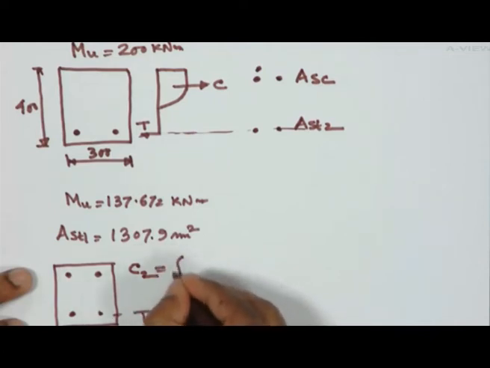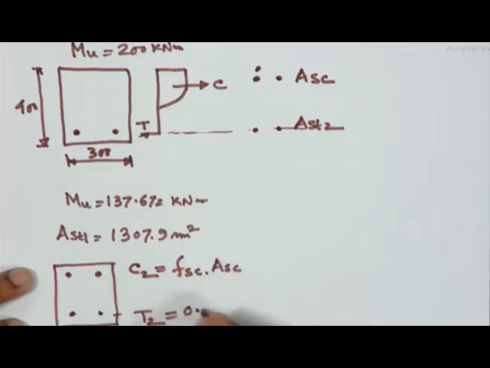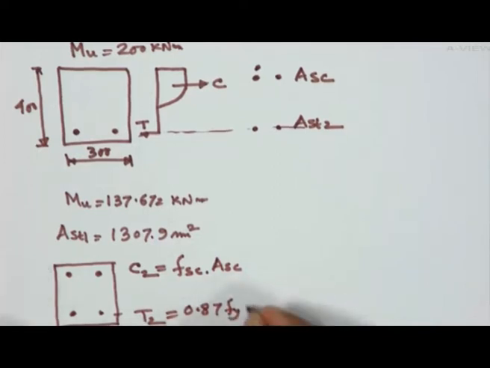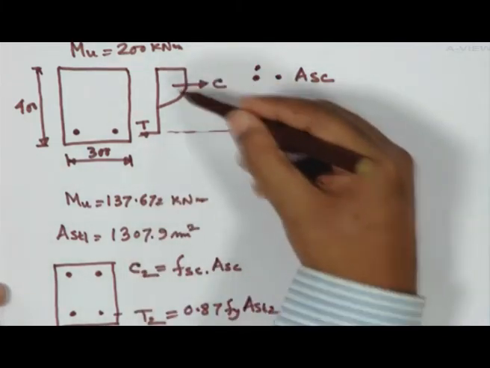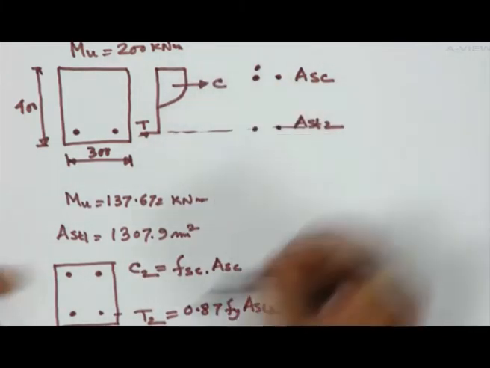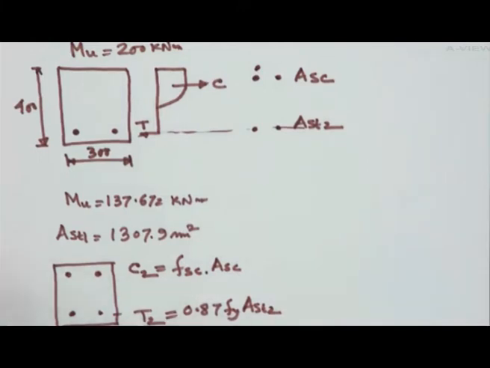C2 will be equal to FSC into ASC, but T2 will be equal to 0.87 Fy AST2. So C2 will be equal to T2, because this one is now in equilibrium position. That means here C and T are equal. Here also, just simply on one side I cannot increase.